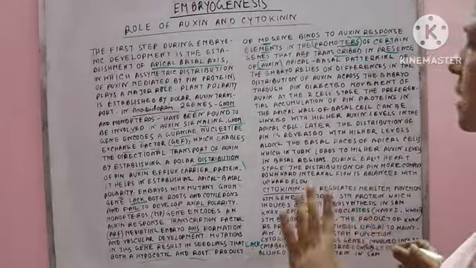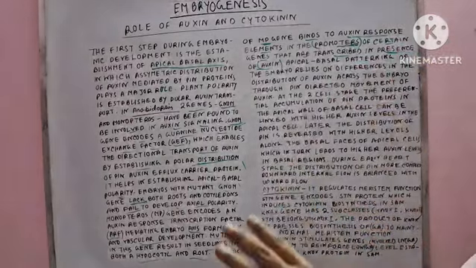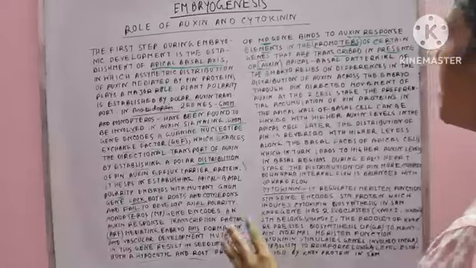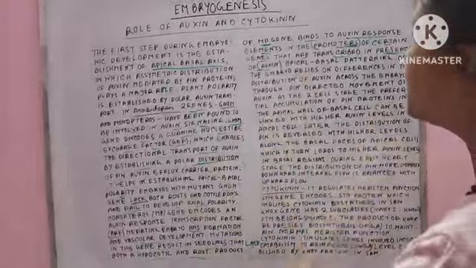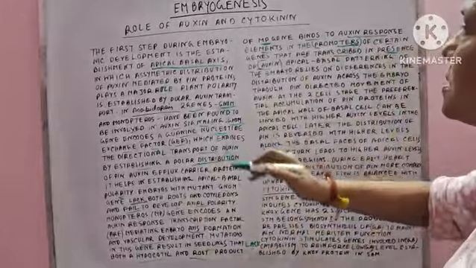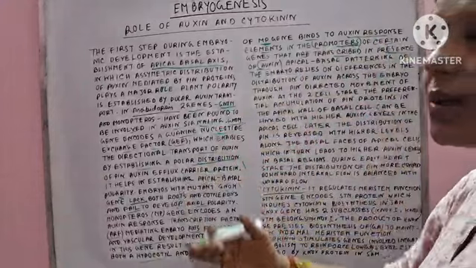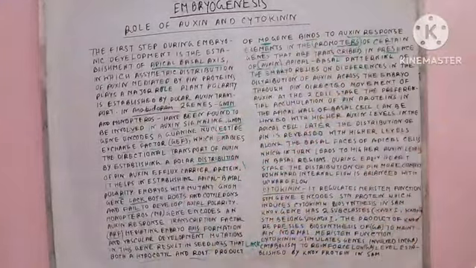So that means MP genes play an important role, because they control the transcription of such genes which generally transcribe in the presence of auxin.